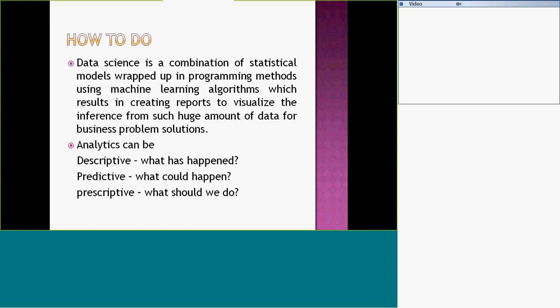And the last is prescriptive analytics, that is, what should we do? Now that we have the problem, what do we do to overcome it? So these are the three types of analytics that we can do in data science. Right? So now you have a fair idea about what data science is.